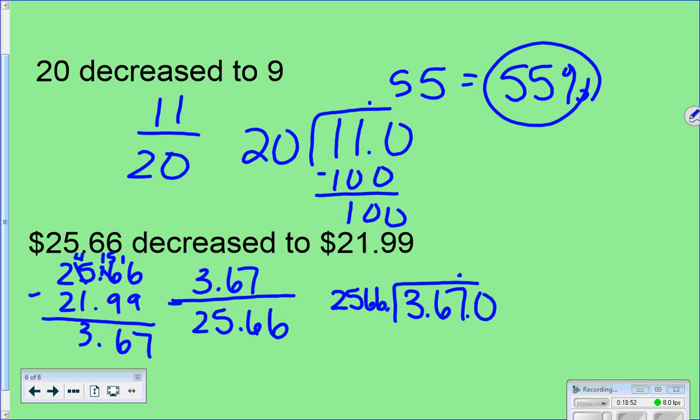There we go. So once, for sure. Don't hurt yourself. Don't go out too far. And don't forget to move your decimal over because you need a percent.